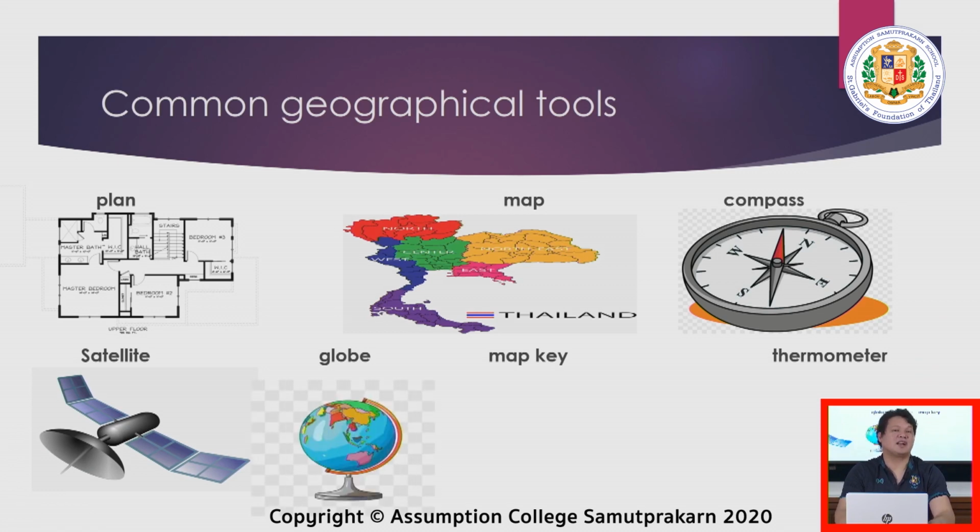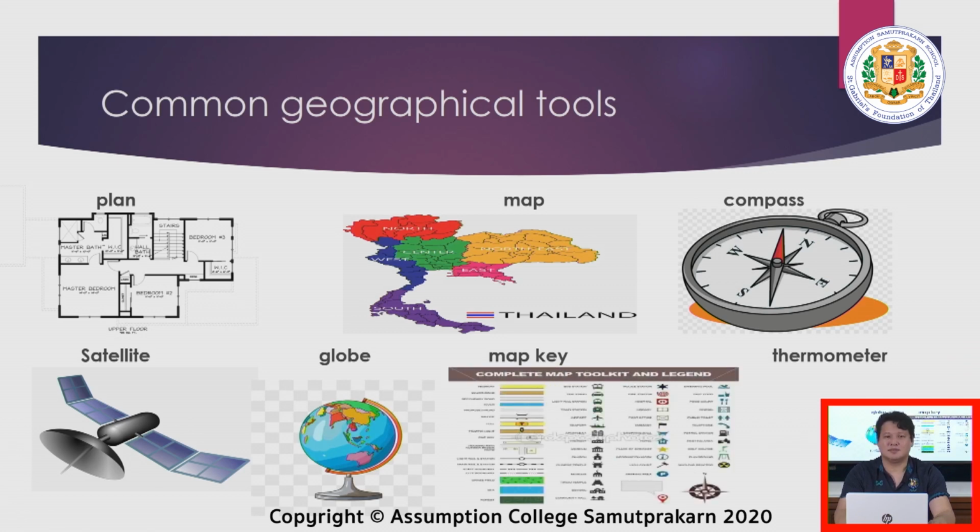Globe, the exact duplicate of the earth. Map key, a tool where you can see symbols and legends, what a thing or a place means. Thermometer, a tool that measures temperature, how hot or how cold the place is. These are some of the many geographical tools that you will learn.